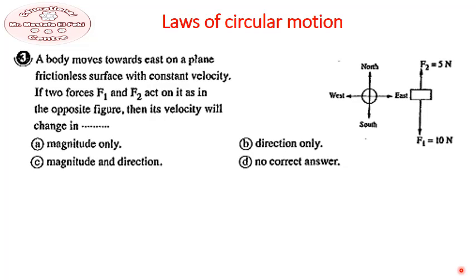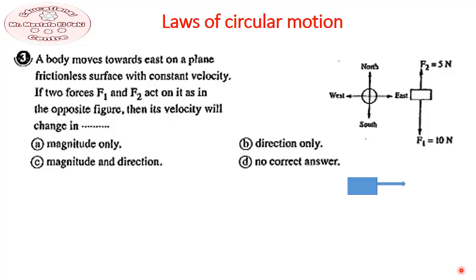A body moves toward the east on a plane frictionless surface with constant velocity. If two forces act on it as shown in the figure, then the velocity will change in... There are two forces acting on the object. The first is 10 Newton and the second is 5 Newton.